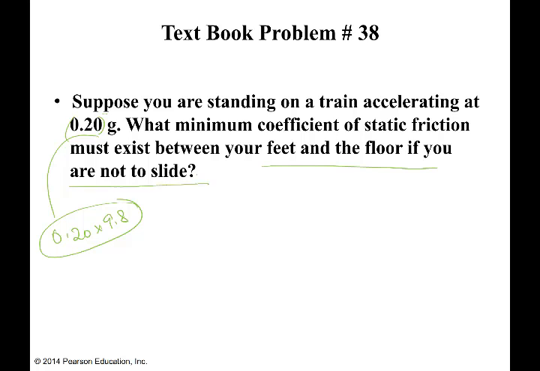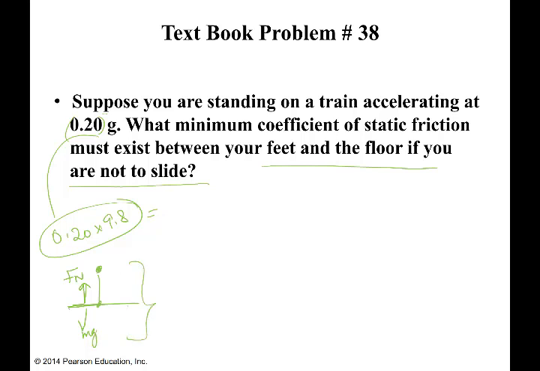So that means you're not going to slide, but what is that minimum force? So you are standing on a train which is accelerating with an acceleration equivalent to this value, and you have normal force between the train floor and your feet, and mg is acting downwards.